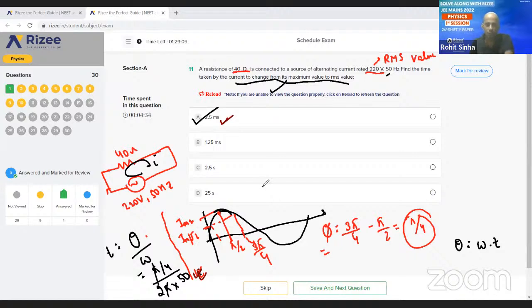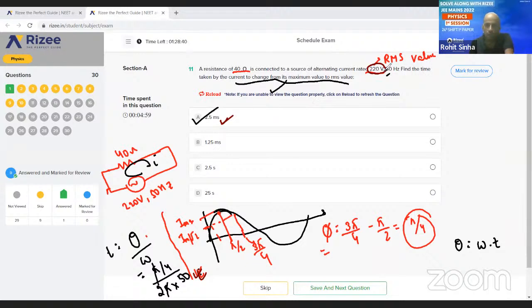What type of question can come from here? Now, I tell you one thing: apart from this question, remember that the given value is always the RMS value, not the peak value. And if we are given a peak value, we have to find the RMS value.